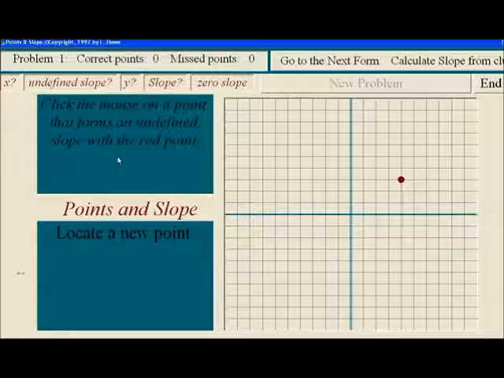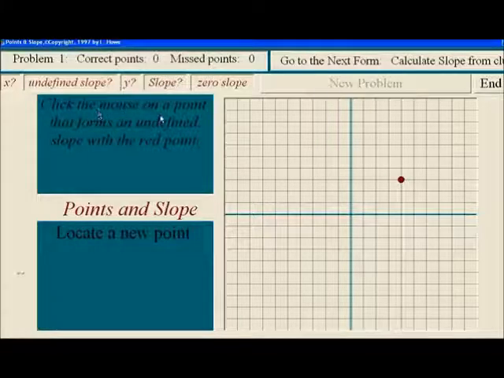But you go to San Francisco, some of those roads are nearly perpendicular. At least that's the way it struck me. They weren't really, but they were very steep. And if you can imagine a road that went straight up, that would be impossible for you to ride on. That would be undefined. So a slope of 0 is a horizontal line, and a slope that's undefined is a perpendicular line going straight up, perpendicular to the x-axis.